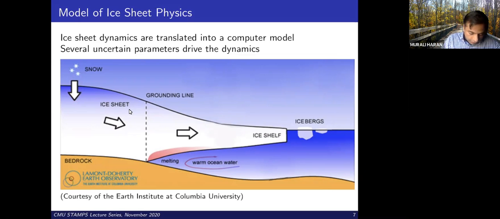And you can see there are forces of gravity that act this way, and then the ice sheet itself will begin, the different layers start to slide in this direction, right?